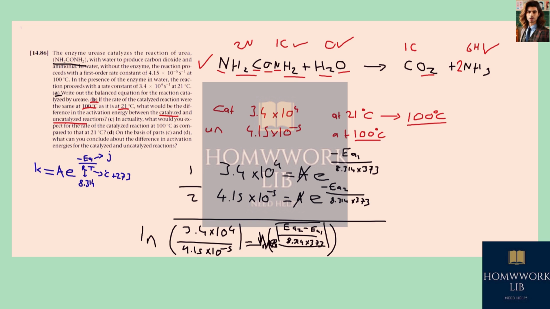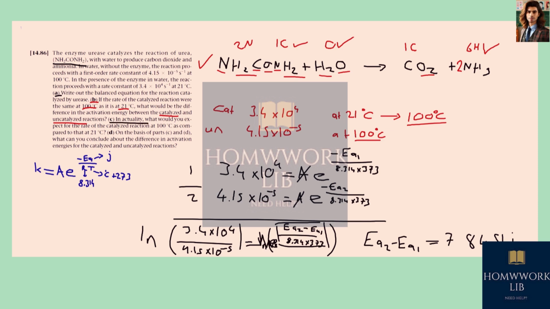Then multiply this number, both sides, by 8.314 times 373. We're going to get Ea2 minus Ea1 to be 784.51 joules. That's the difference between the activation energies.